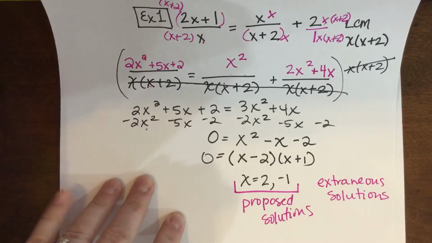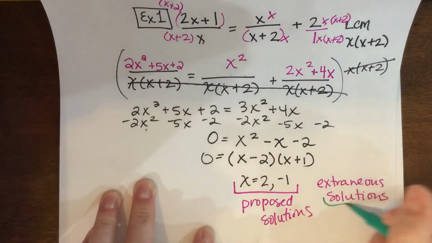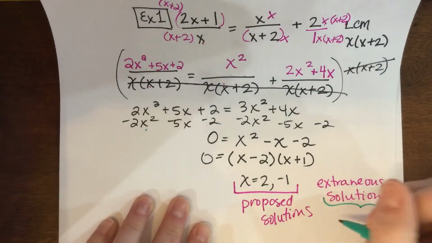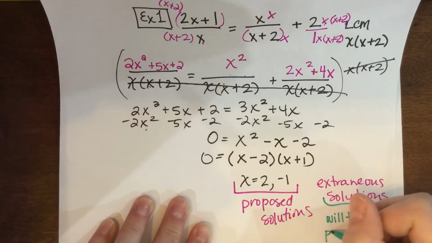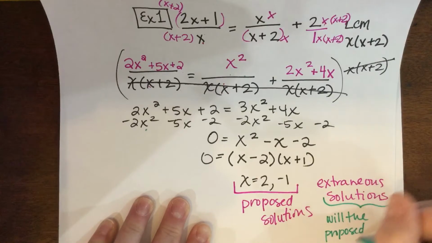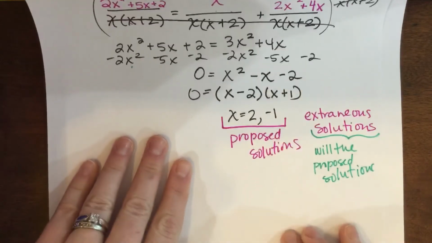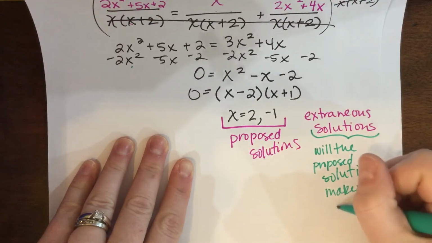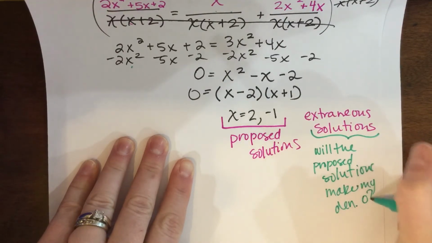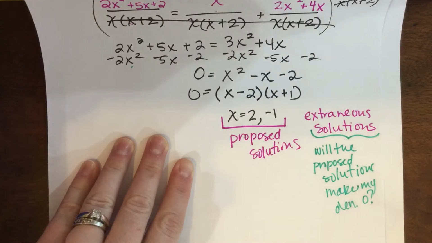Now, when I'm looking for extraneous solutions, I really just need to see, will the proposed solutions make my denominator 0? If the answer is yes, they're not a solution.